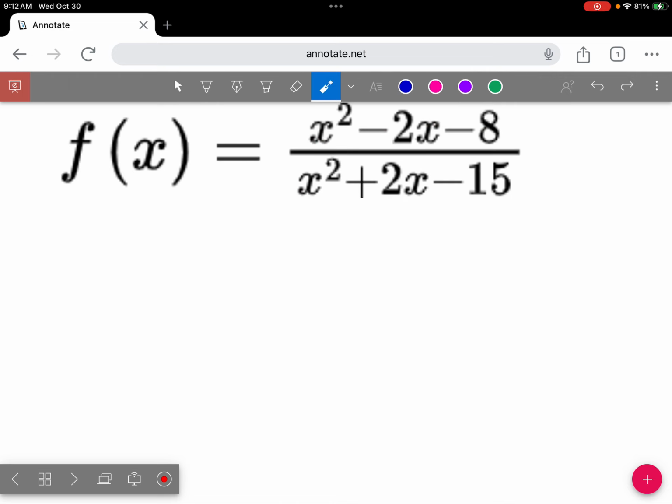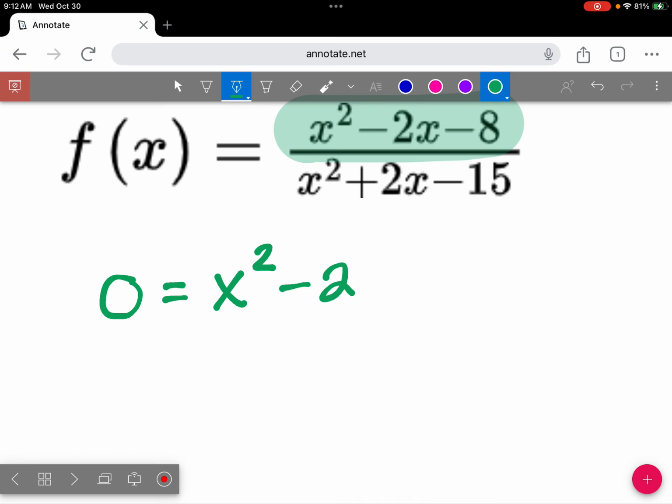So we need to know, when does that equal 0? I'm just going to write it down. We're looking for when x squared minus 2x minus 8 equals 0. That's what we're trying to find for our x-intercepts.